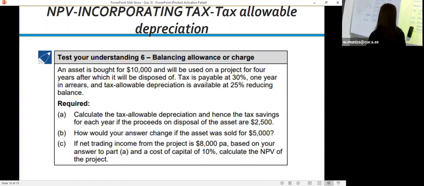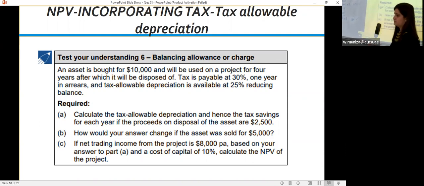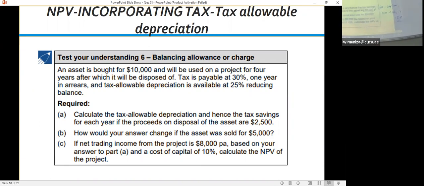Calculate 0.3 on it, how much is it? 234. Now, how much total relief are you getting? 750 plus 563 plus 422 minus 234. This is the difference. 1,501. And you see, is it the same or not?